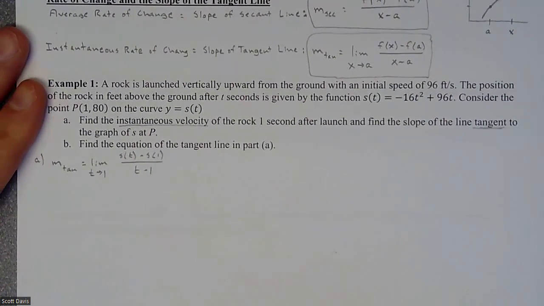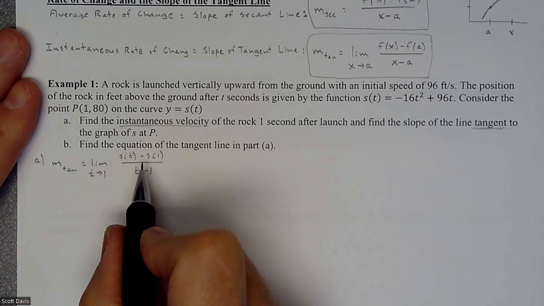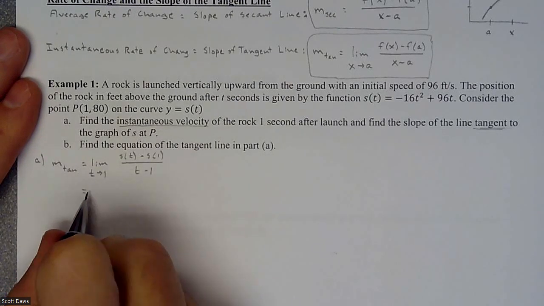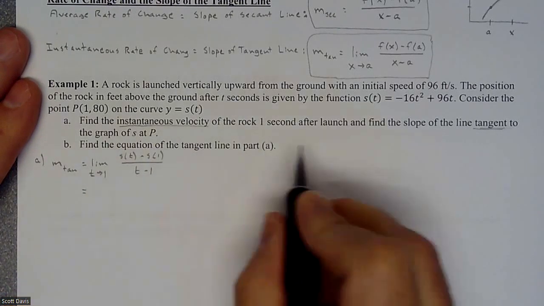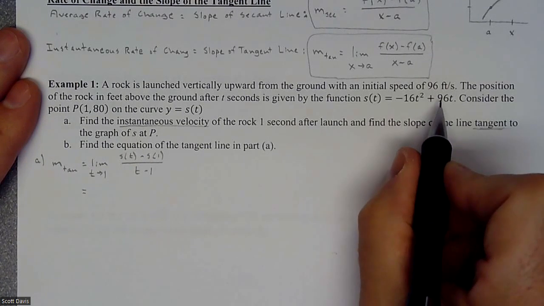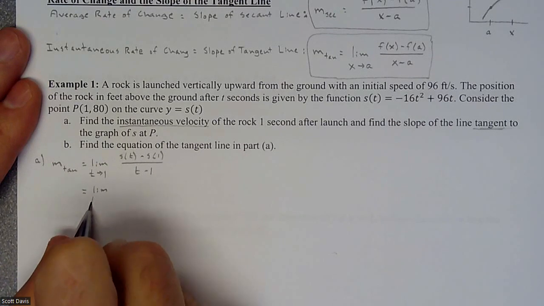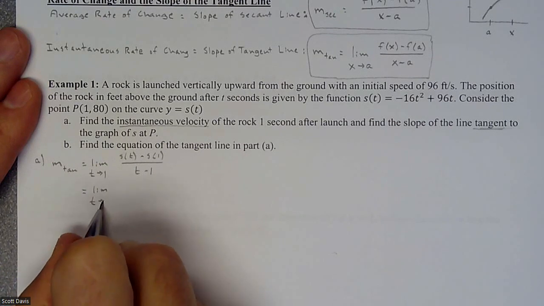At this point, we're just going to plug things in. If we plug things in, we're going to have a bit of a problem, and we'll talk about that in a second. Let's just do some math right here. S of t is just this equation. We haven't done the limit yet. At some point we're going to do the limit, but we're going to sub out first.